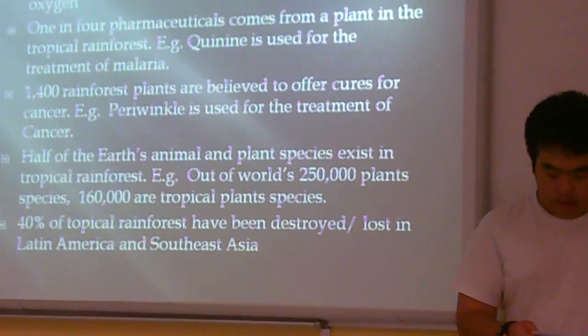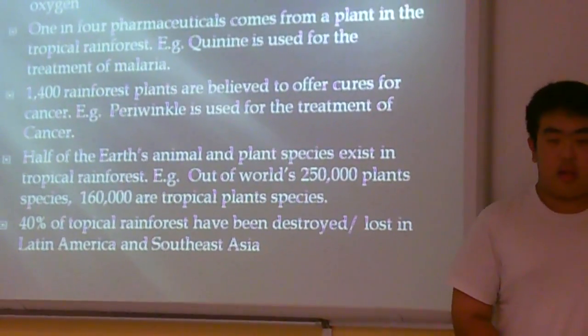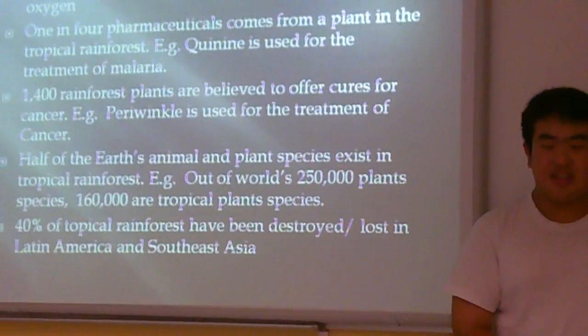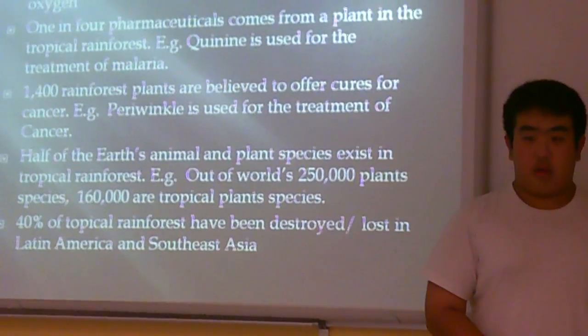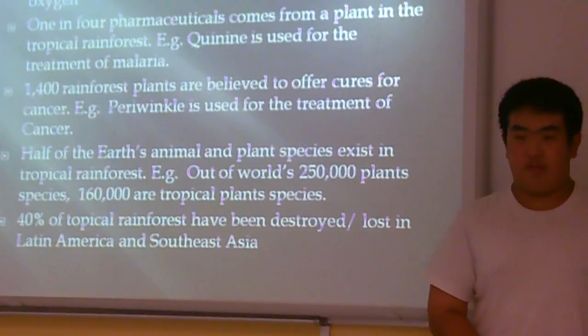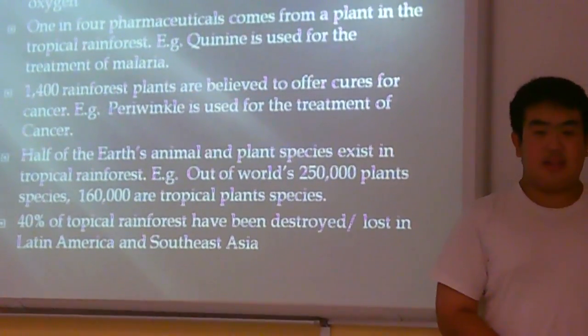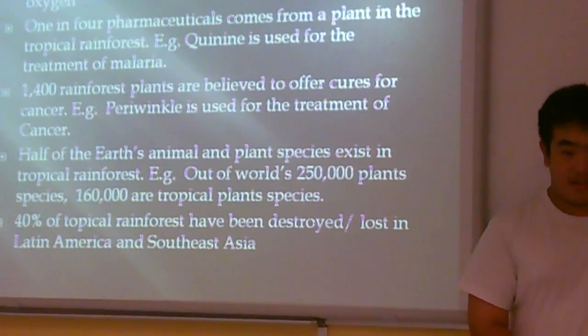An example of half of the species and plants coming from this: the whole world has about 250,000 plant species, and 100,000 come from the rainforest.